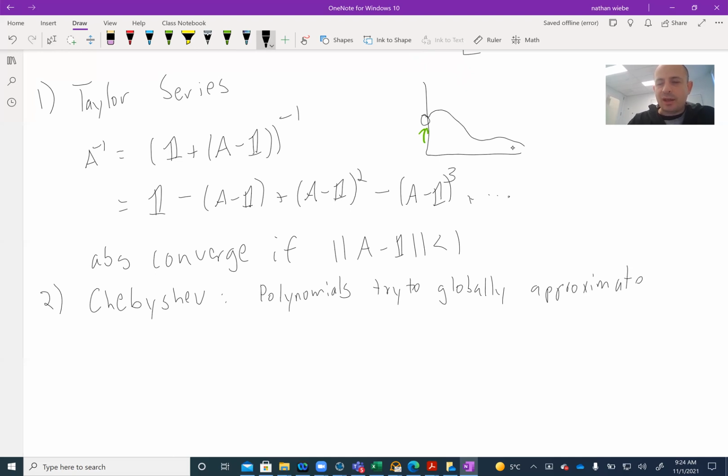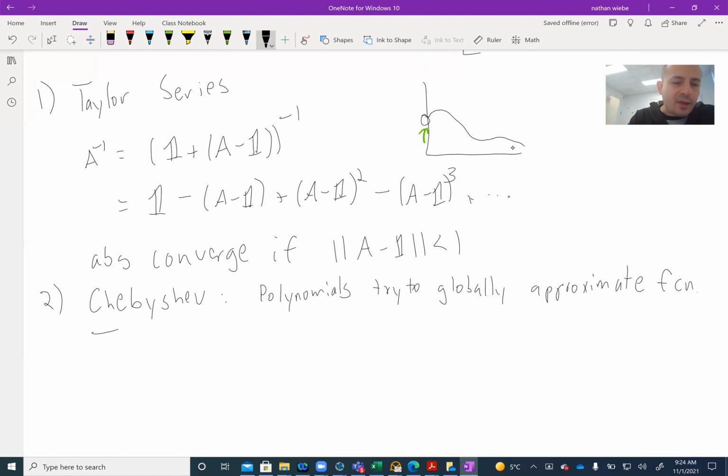And just to give you an idea about what they are, Chebyshev polynomials are an orthogonal polynomial basis. So just like we use the Pauli operators to represent any matrix, Chebyshev polynomials can be used to approximate any function, just by projecting that function onto this basis of orthogonal polynomials.